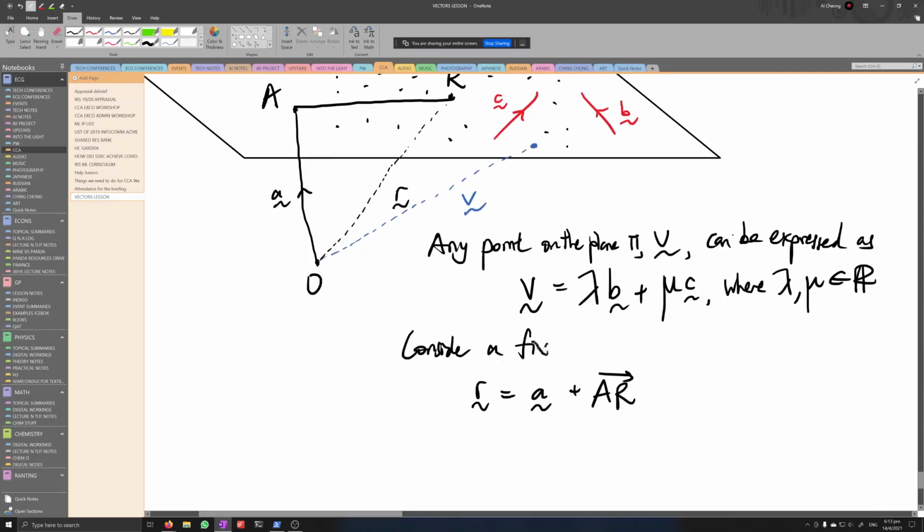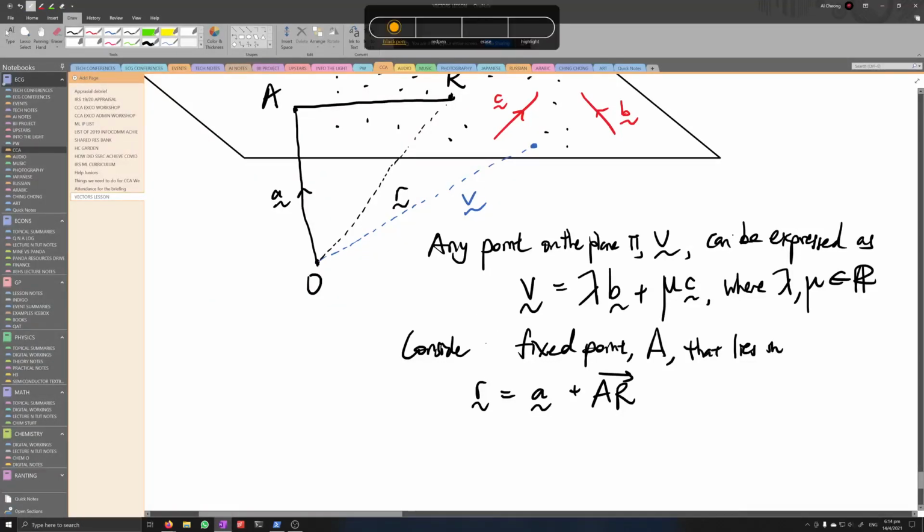Consider a fixed point A that lies in pi.